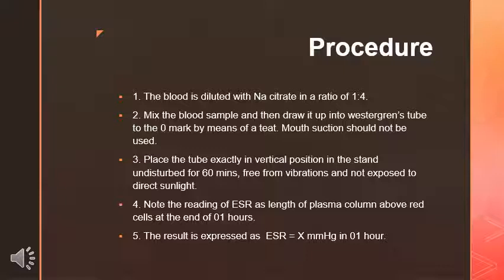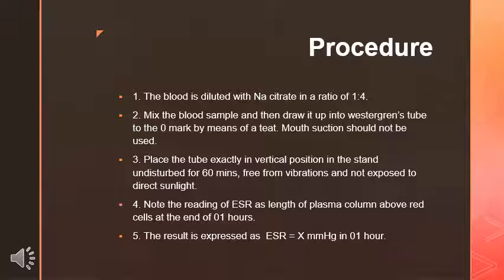After placing the tube in the stand, we will start the timer. After 1 hour, we will note the value of the RBC column in the Westergren tube. Initially we filled the column up to the 0 mark.